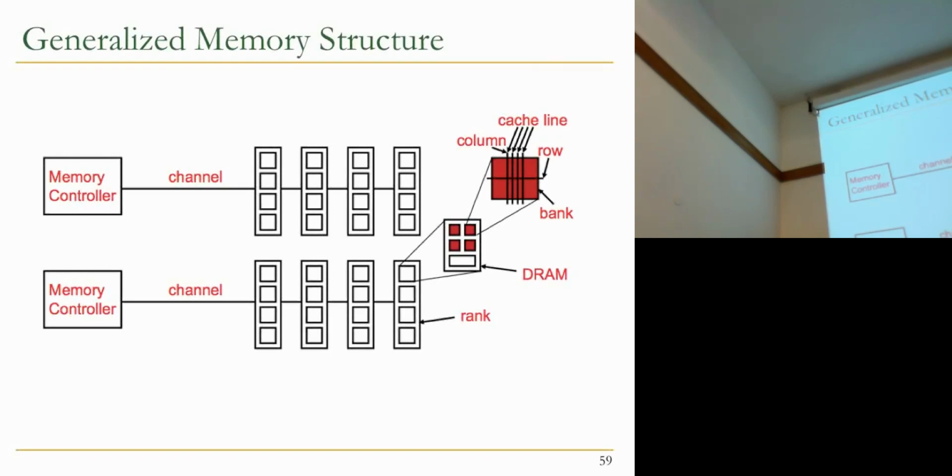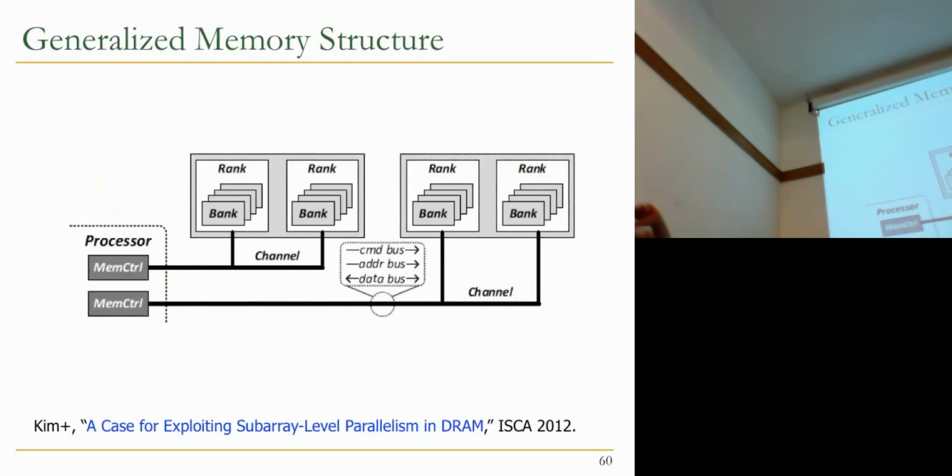And a number of consecutive columns form the cache line. So this is, I believe, the 5-dimensional structure of DRAM. And this is another way of looking at it. If you actually want to know exactly how the internals of the bank operates, you can take a look at this paper. And I'll cover this in a little bit more detail later on. This is the paper my student Yoongu Kim published at ISCA in 2012.